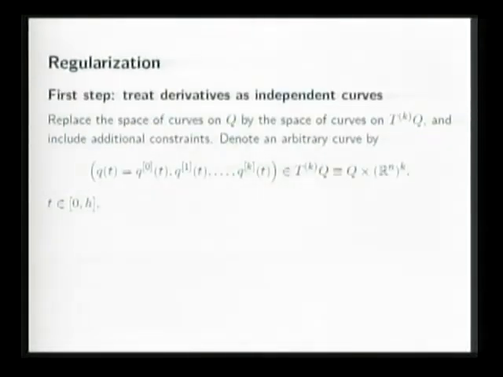So, first of all, we replace the curves on Q by curves on T^kQ and introduce additional constraints. So we have these curves q0, q1, each one of these qj in R^n.